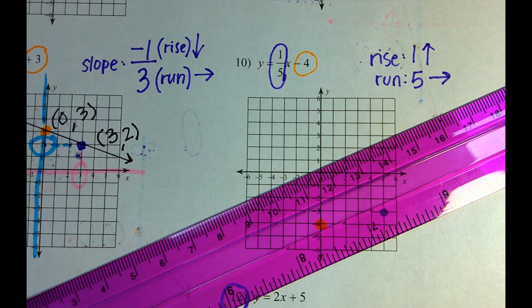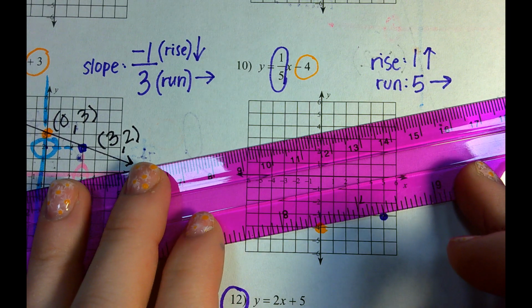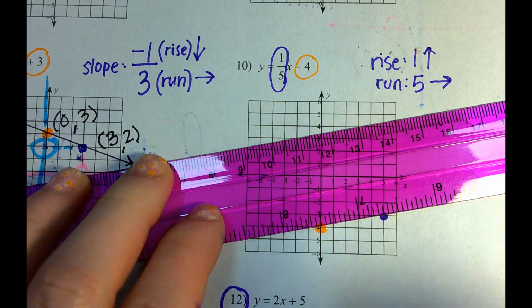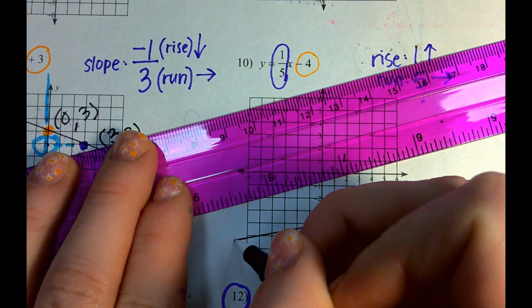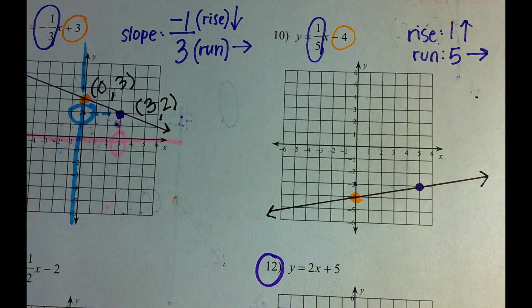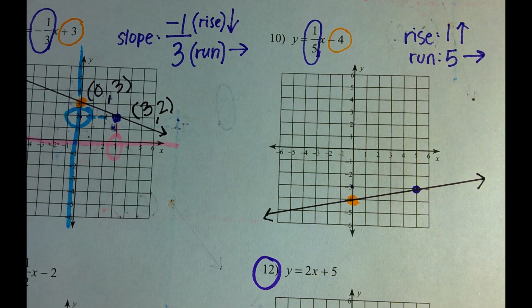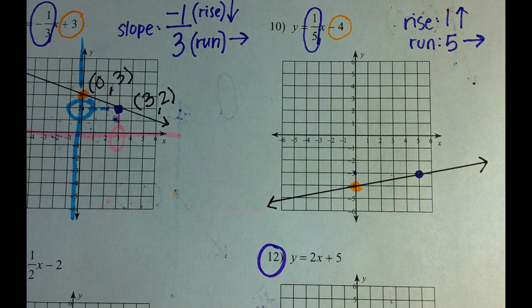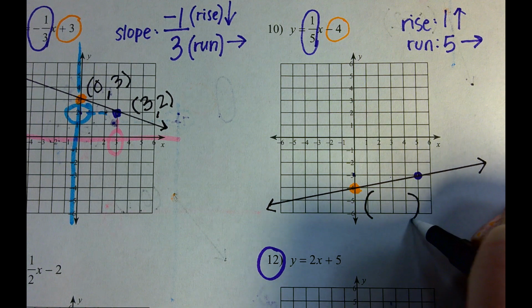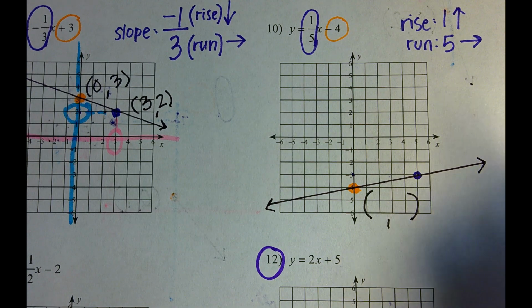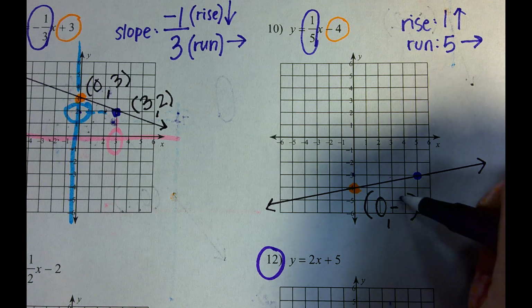Okay, and then we're going to connect the dots and name our points. So what is the coordinate of my first point? 0, -4. Yes, 0, -4.